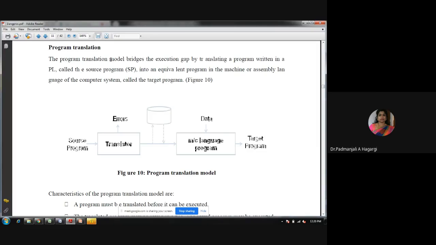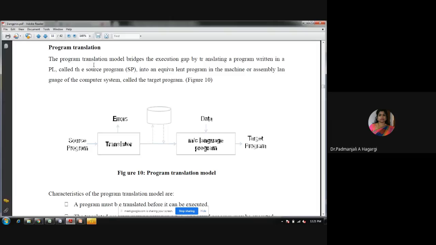The program translation model bridges the execution gap by translating a program written in a programming language, called the source program, into an equivalent program in the machine or assembly language of the computer, called the target program.